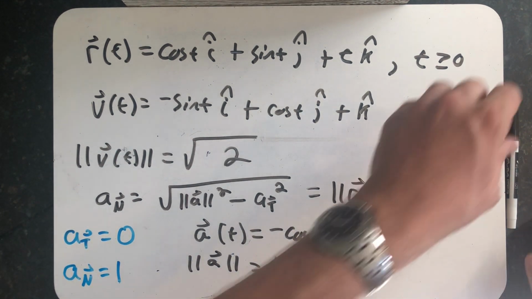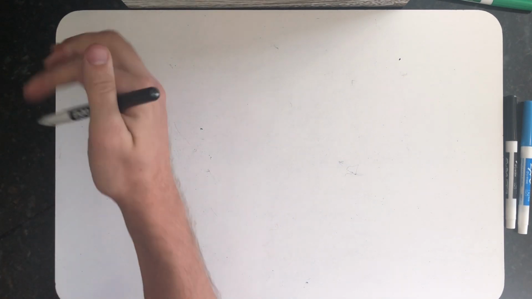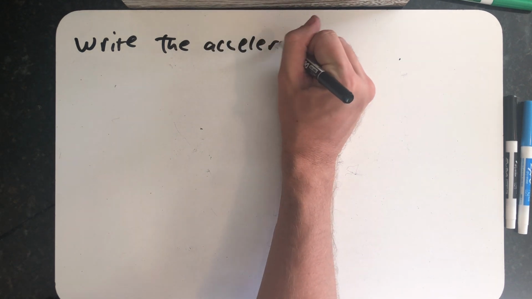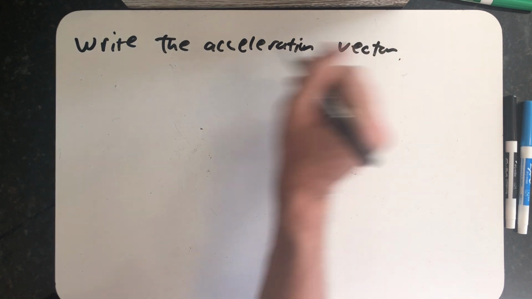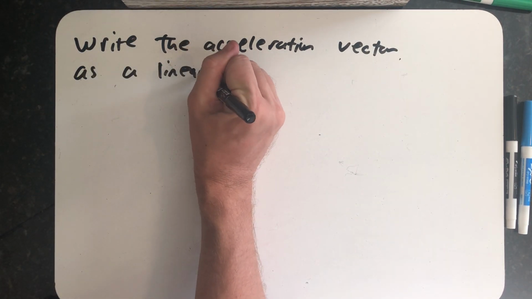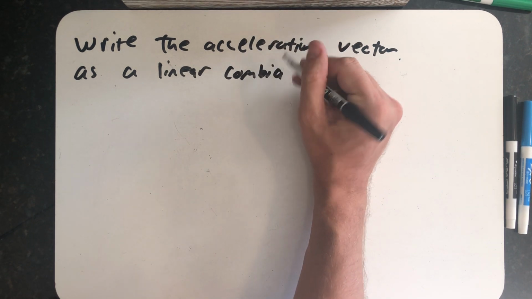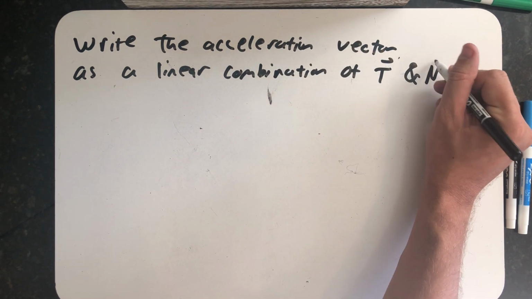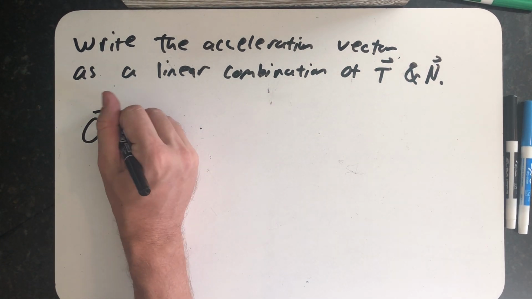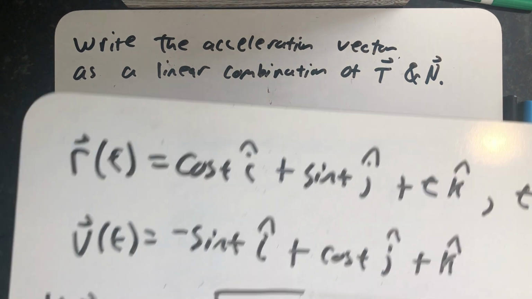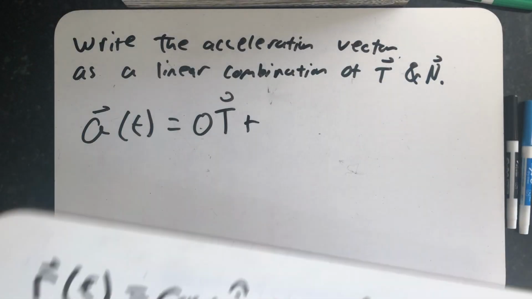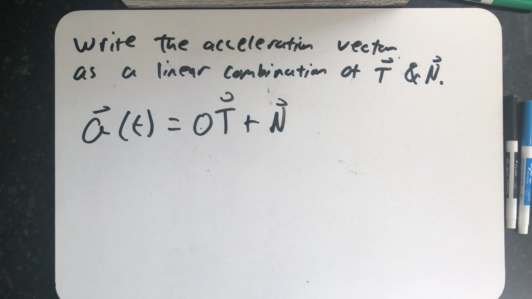It's 1. Okay, so now what we can do is we can write the acceleration vector as a linear combination of big T and big N. Okay, well, the acceleration vector is a sub t times the unit tangent vector, big T, plus 1 times big N. There is my acceleration vector written down in that format.